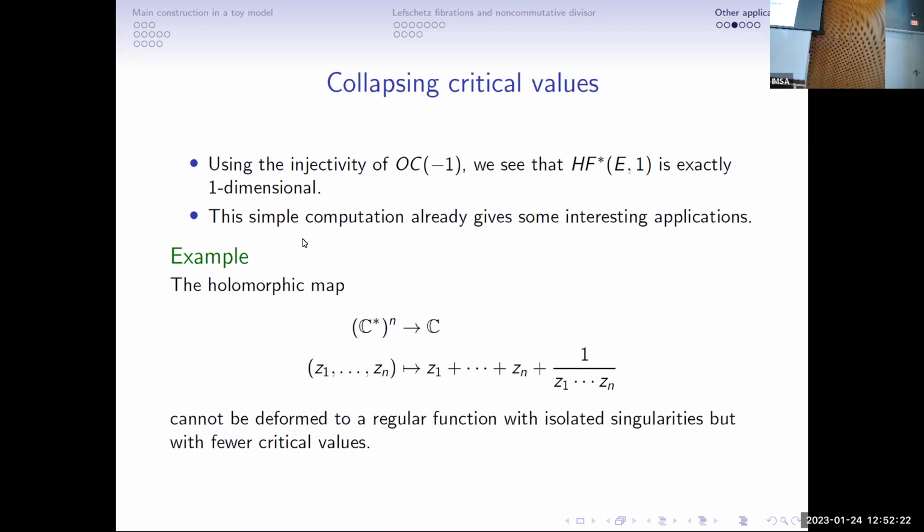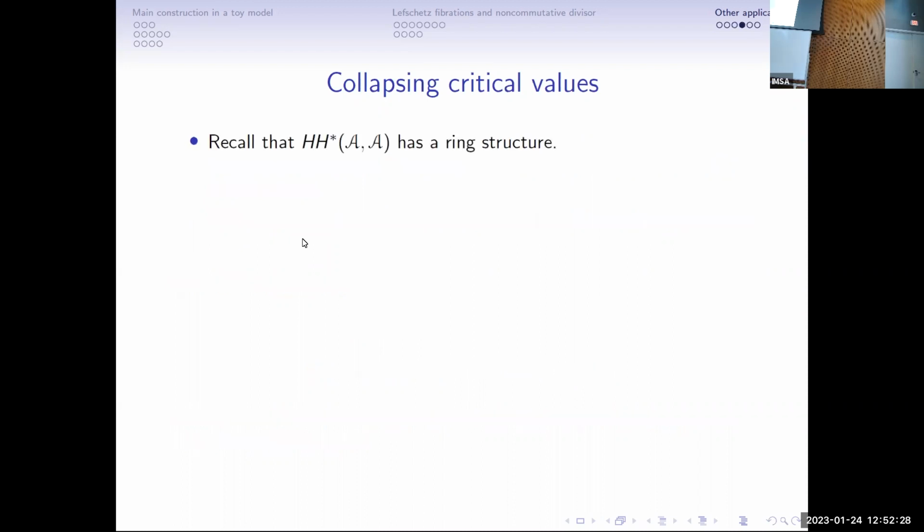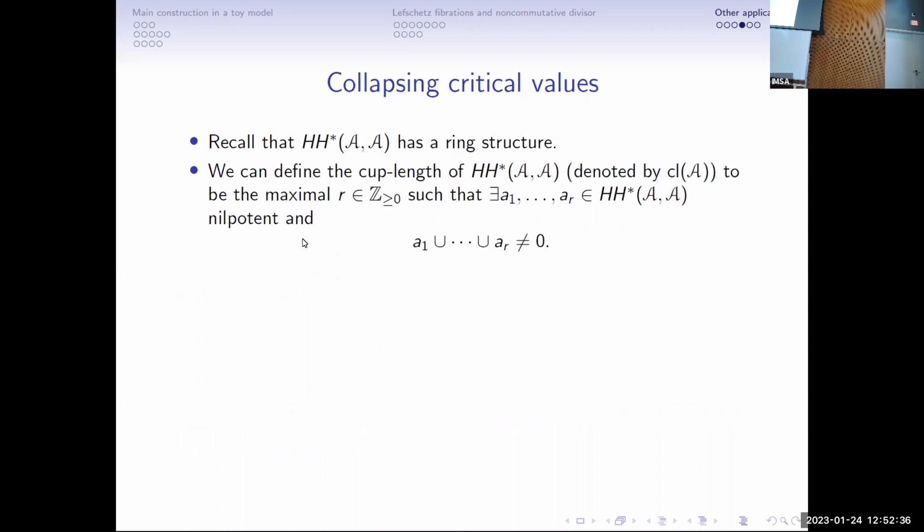To prove that, we need to introduce some kind of intermediate invariant. Recall that the Hochschild cohomology actually has a ring structure. Because it has a ring structure, we can talk about the cup length of that.